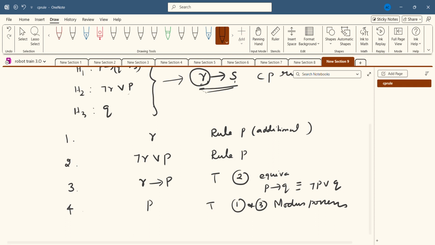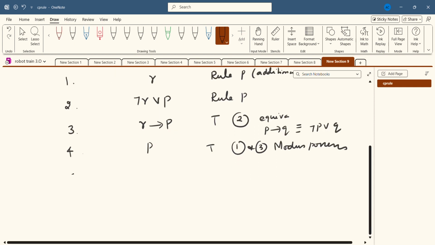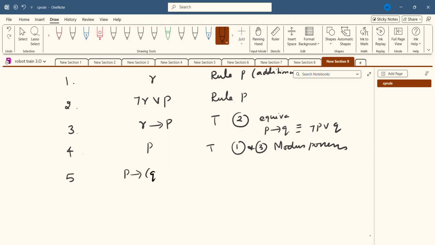Then I am going to introduce the premise P conditional Q conditional S, so rule P. Using statements 6, 4 and 5, P conditional Q and P, therefore Q conditional S, isn't it?